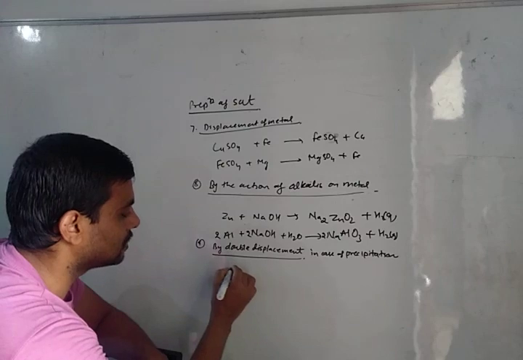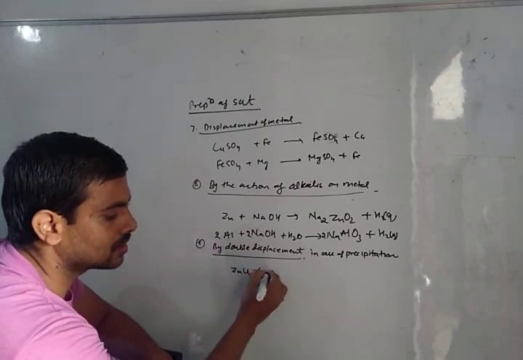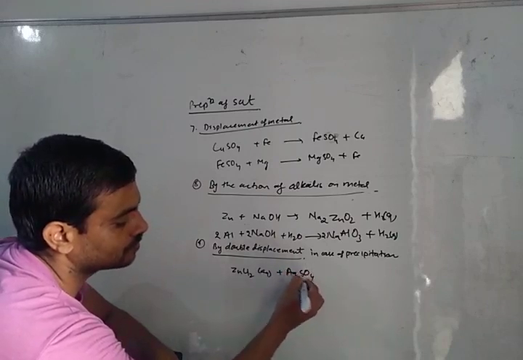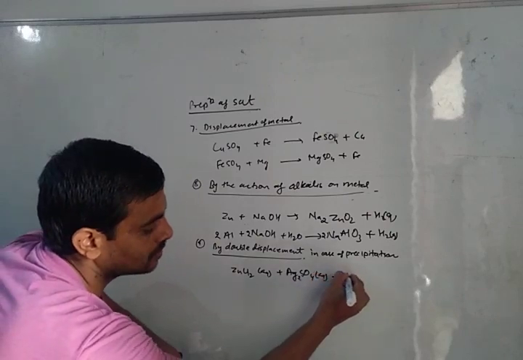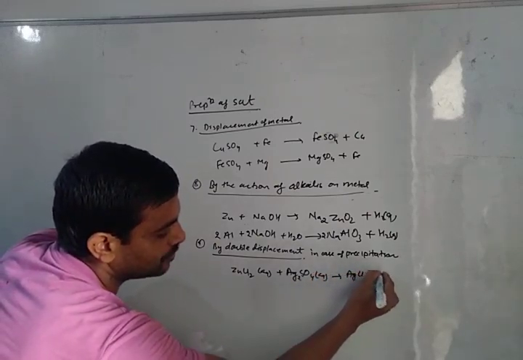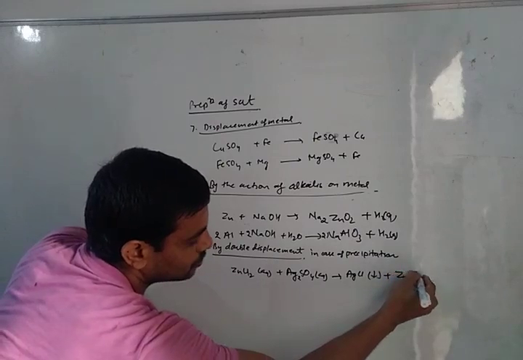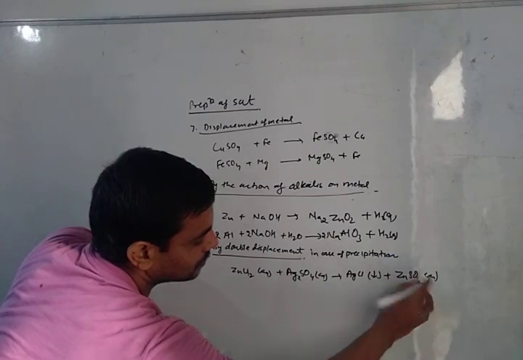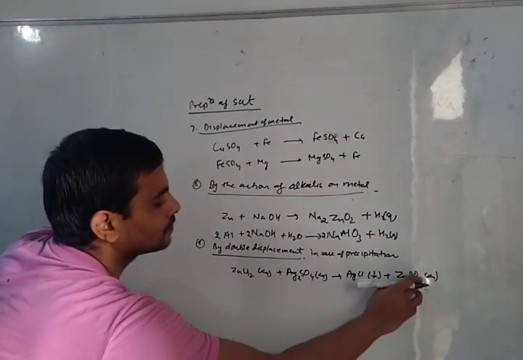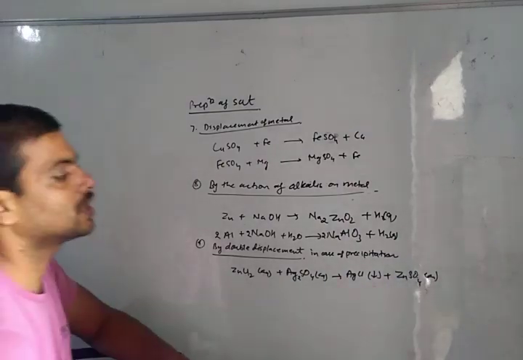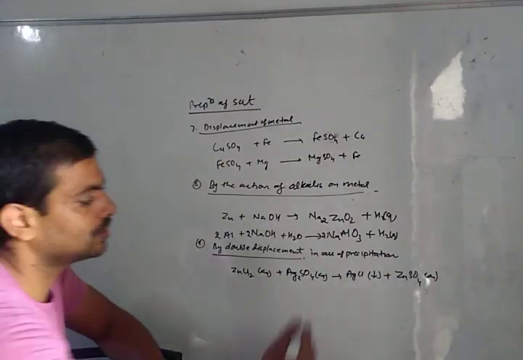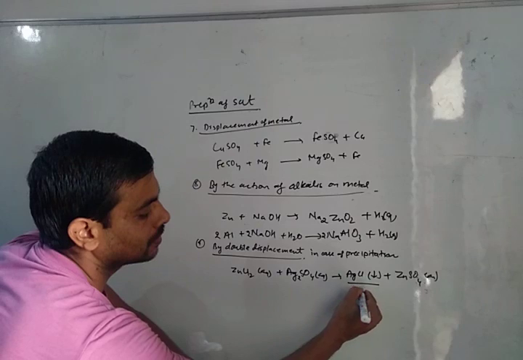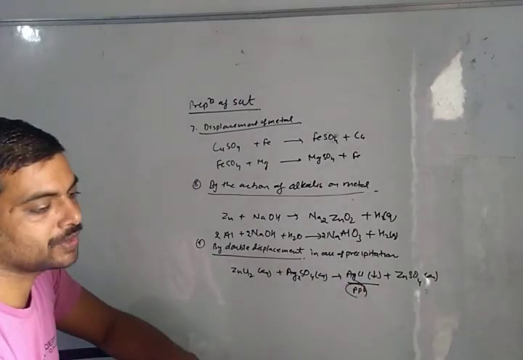For example, zinc chloride ZnCl2 aqueous when reacted with Ag2SO4 silver sulfate aqueous forms AgCl as a PPT plus ZnSO4 aqueous as a salt. Got it? This is the PPT, white PPT, silver chloride. We have got a white PPT over here.